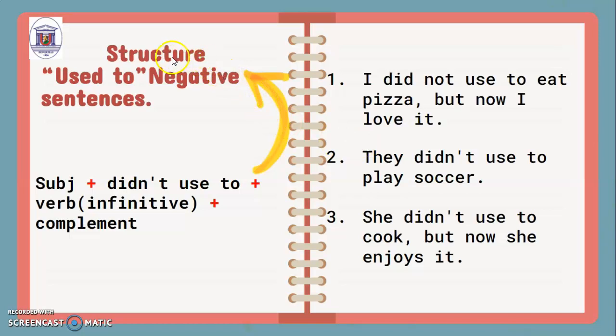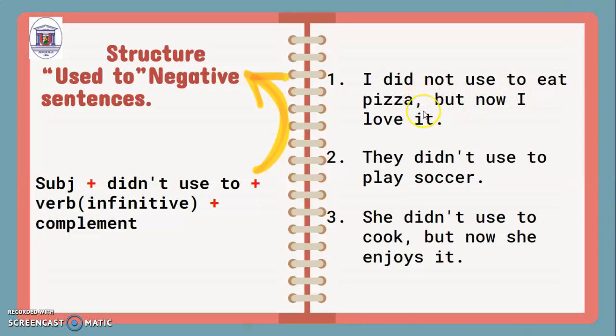Let's talk about the structure of used to in negative sentences. Subject plus didn't use to plus the verb in infinitive plus the complement. Easy, right? Okay, I is the subject plus didn't use to plus the verb in infinitive eat, plus the complement.